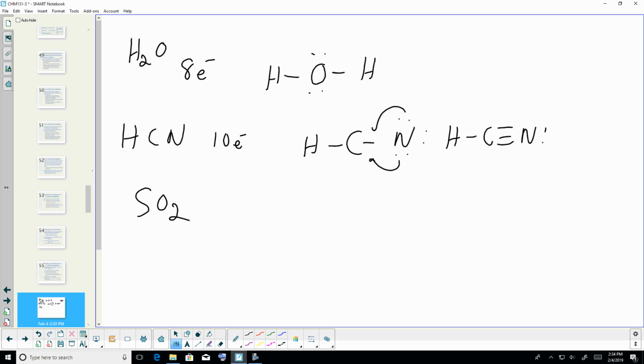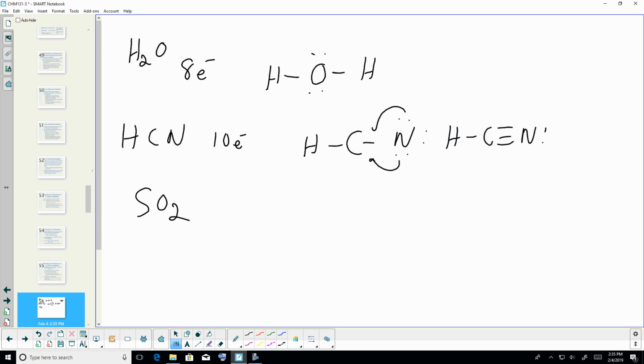SO2. How many valence electrons? No, the whole thing. Try again. 18. S and O are both in column 6, so they have 6 electrons.